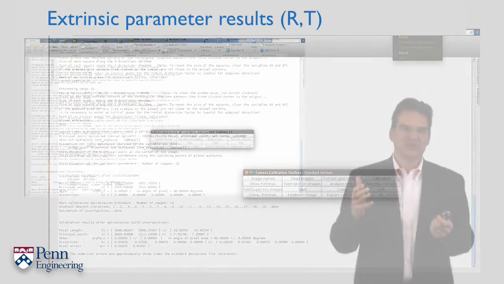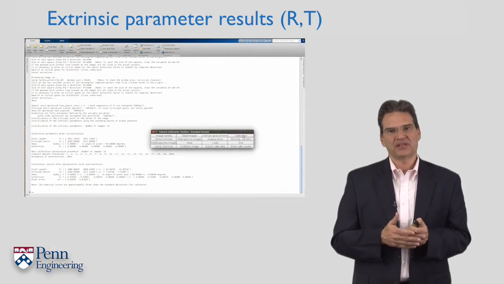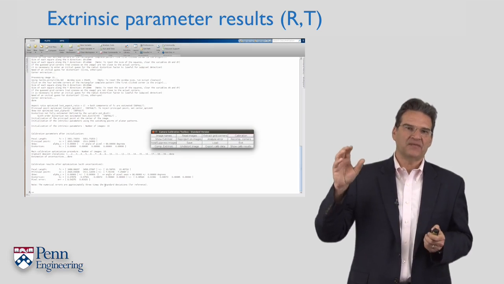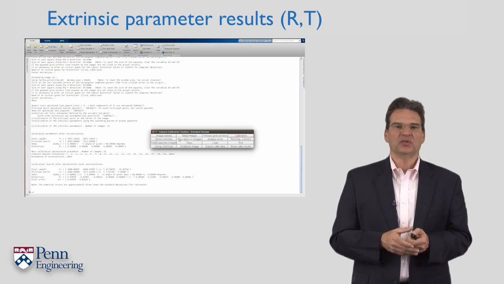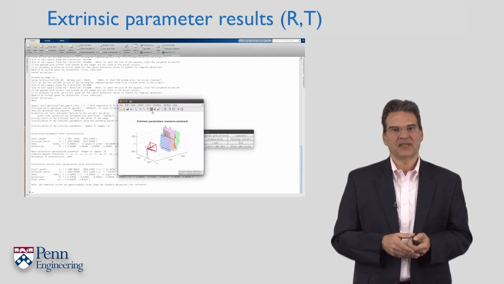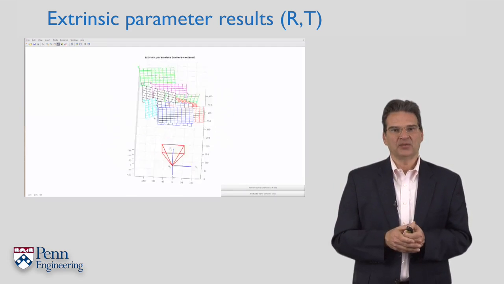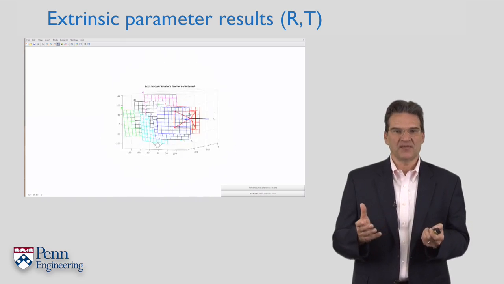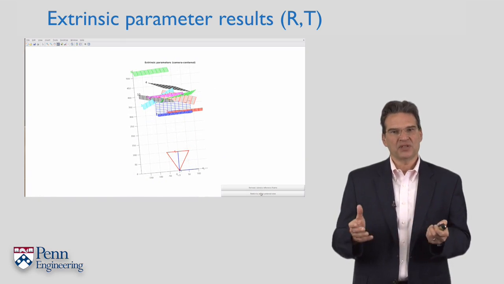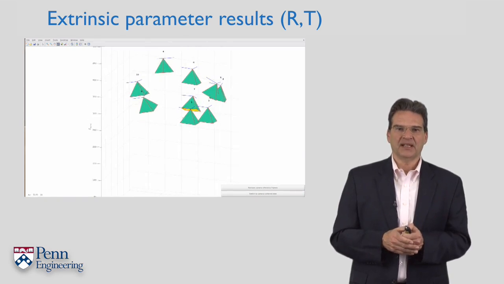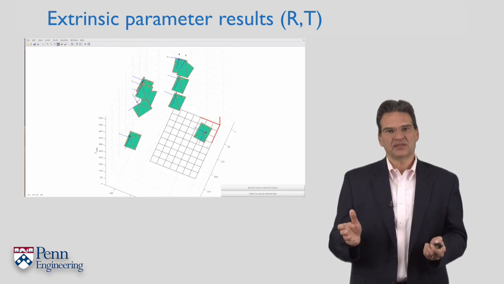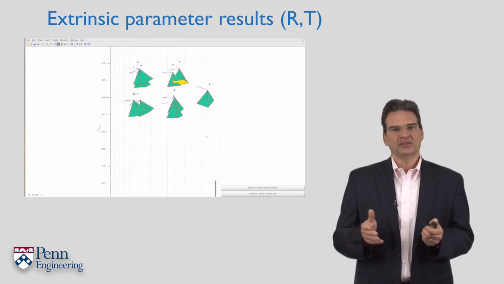The R and T you find from this procedure is the pose of the camera at the very first image, where you were holding it when you started taking the images. So this is what you get out of the calibration procedure, and you save these parameters and use them on many other problems, like absolute pose estimation, structure from motion, triangulation, or stereo.